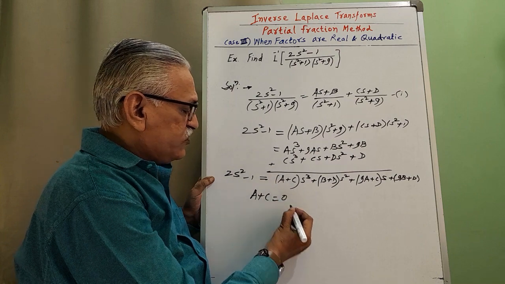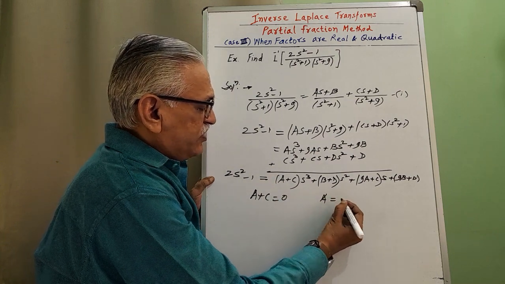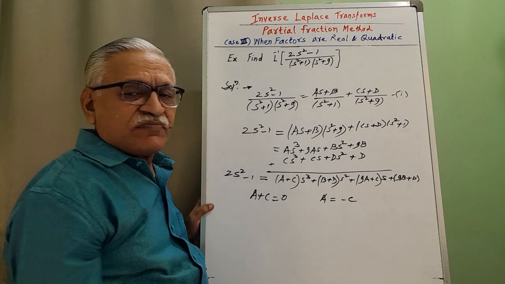Therefore, equating it to 0, it gives A equal to −C.